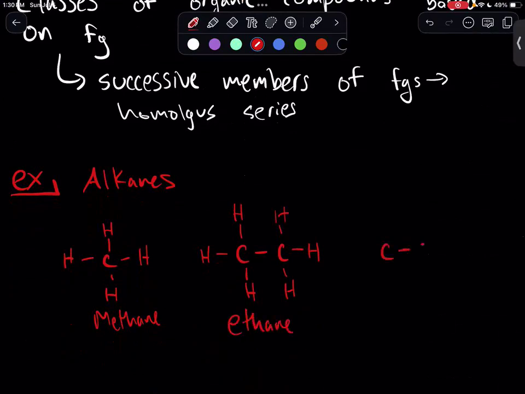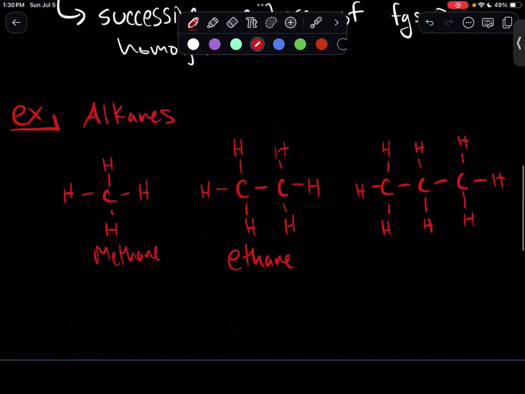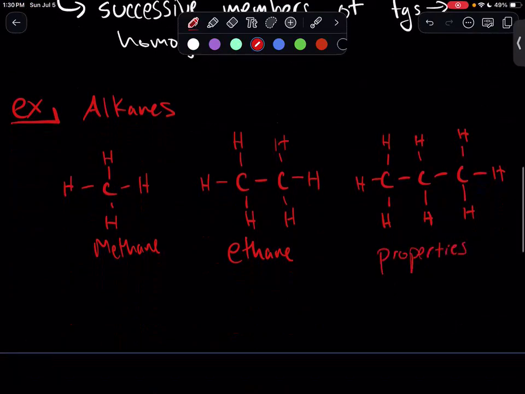Then you can go up to propane, which once again, we add one more carbon and two more hydrogens. So as we look at this homologous series of alkanes, we note that it changes slightly. Furthermore, between all of these, they are the same functional group. They partake in the same homologous series.